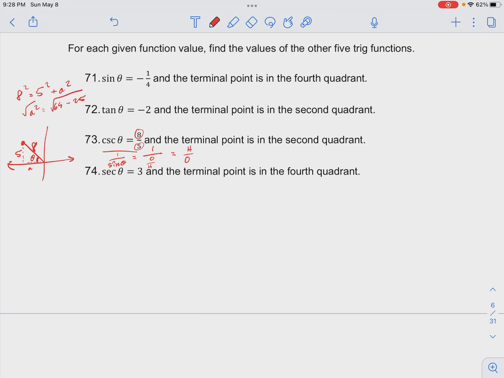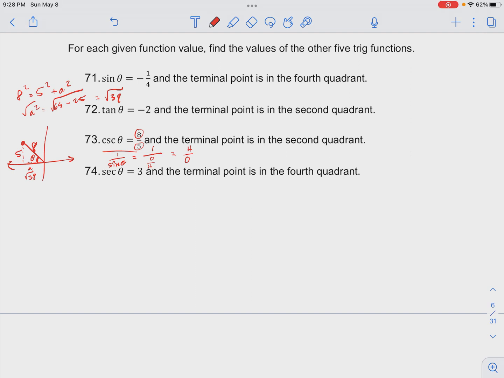Taking the square root of that, this will be the square root of 39. And there's no way to really rationalize that, so we'll just leave it as it is. So this A is equal to the square root of 39.